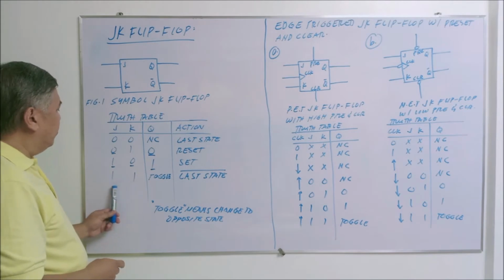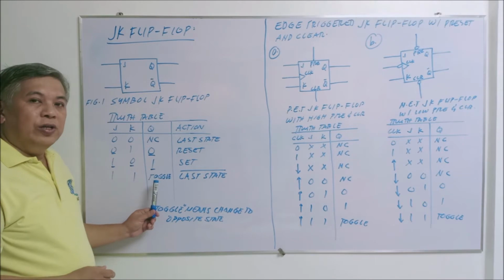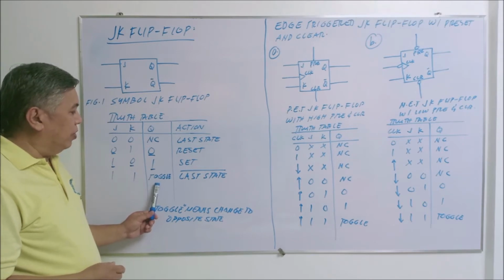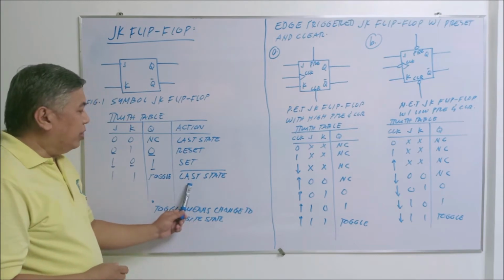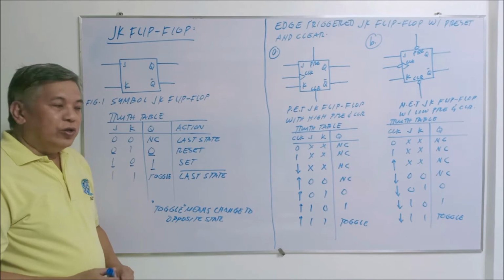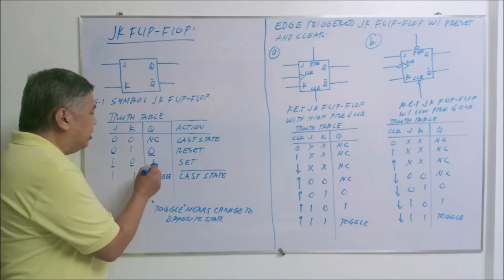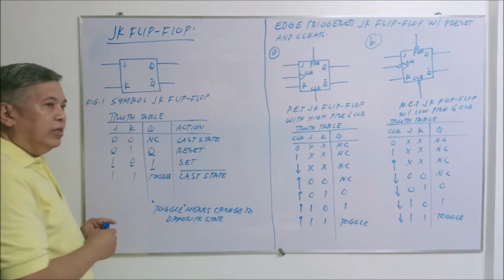Now, if both inputs are high or 1, there is what we call toggle. What do you mean by toggle? Toggle means change to opposite state, or whatever is the last state will have to be inverted. So if the last state is 1 and your input is 1, 1, then the output toggles.